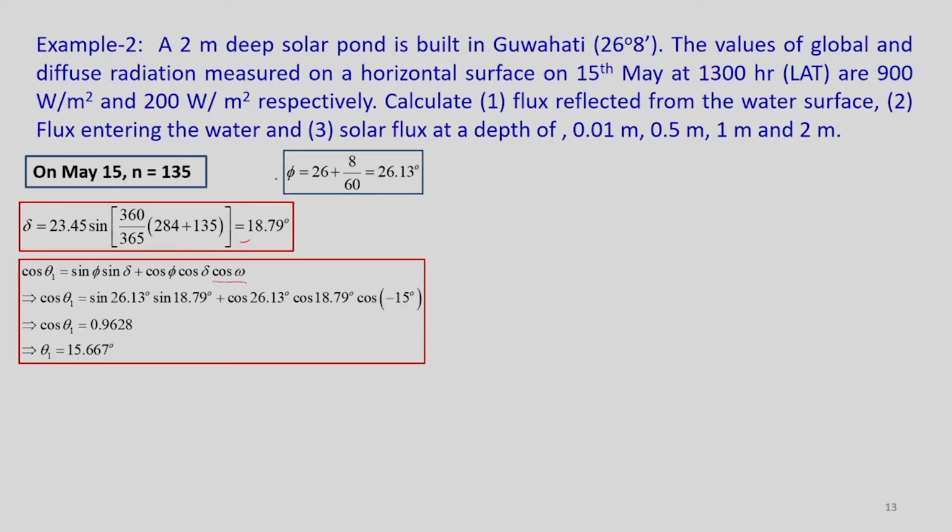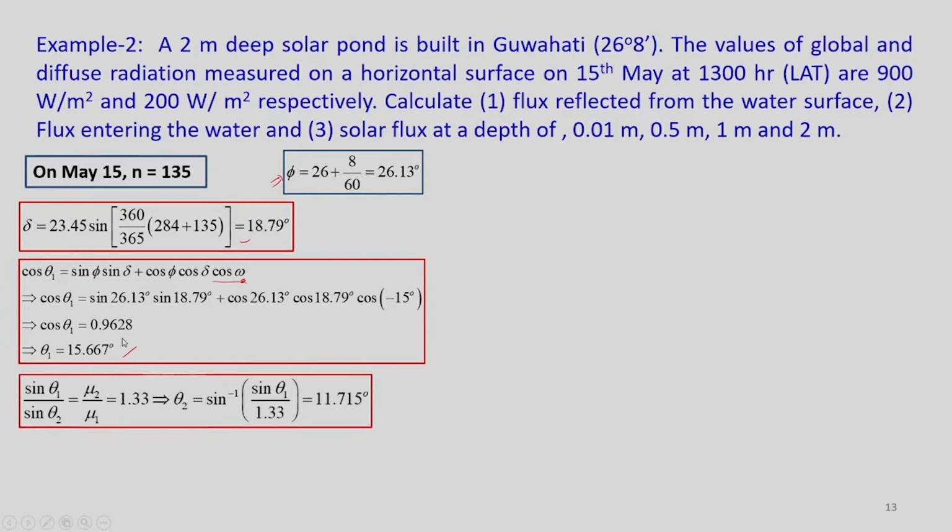Phi is already known, delta is known, and omega at 1300 local apparent time is minus 15. We can substitute those values here and find theta 1, which will be about 15.667 degree. Once we know theta 1, we can calculate theta 2 by using the equation sin theta 1 by sin theta 2 is mu 2 by mu 1.